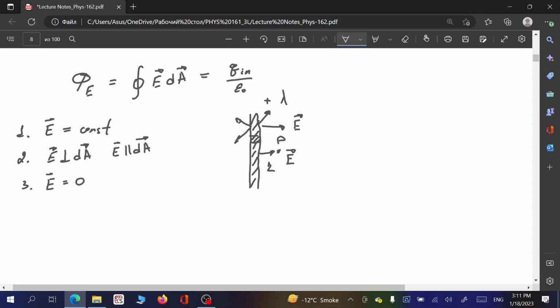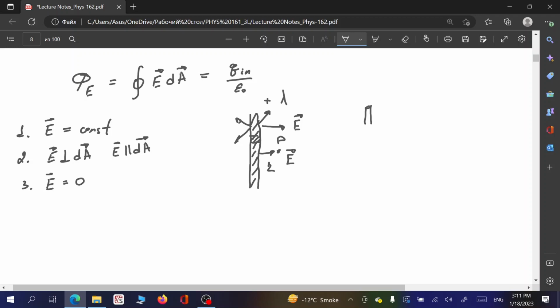However, we can skip all these steps if we apply Gauss's law. So how would it look? In this case, we should use some cylindrical closed surface, taking into account the symmetry of the electric field and charge distribution. So it will look like this.